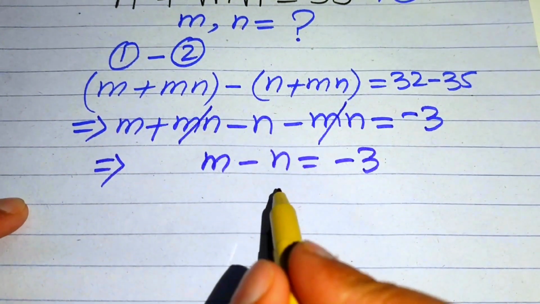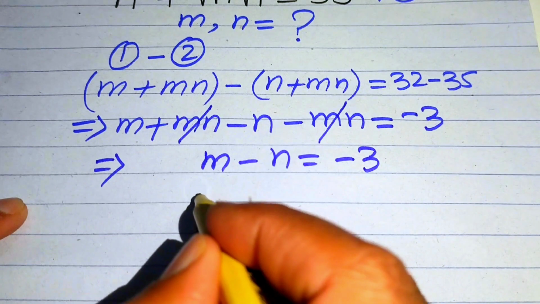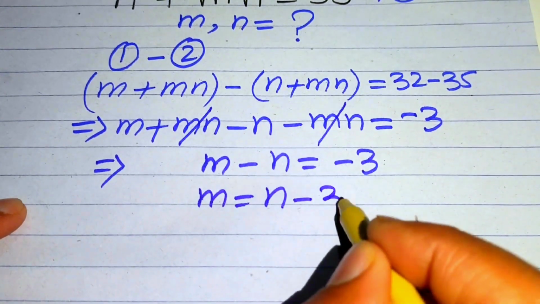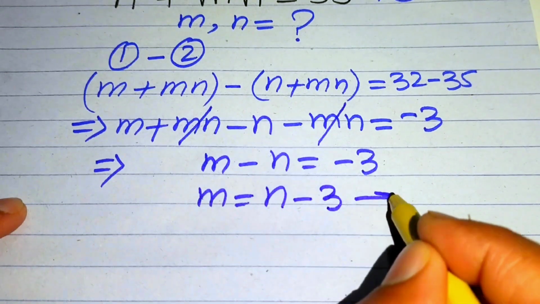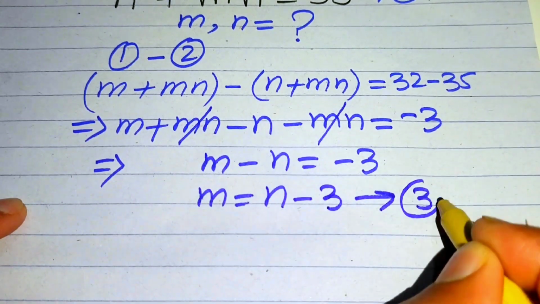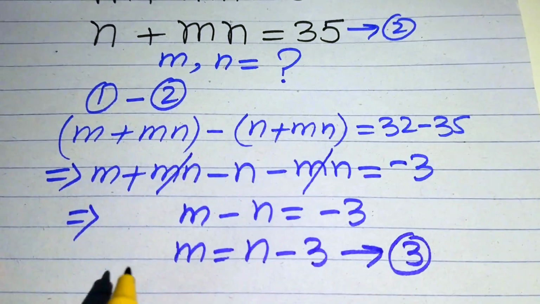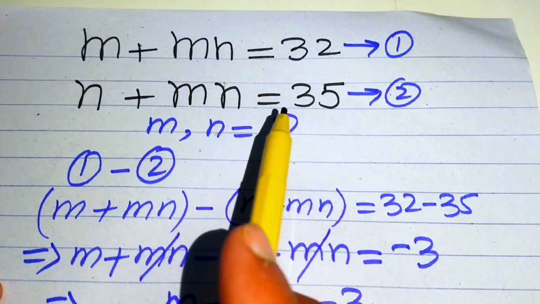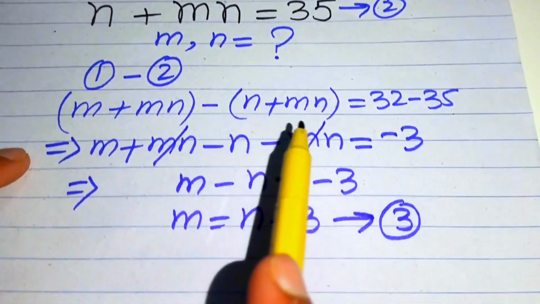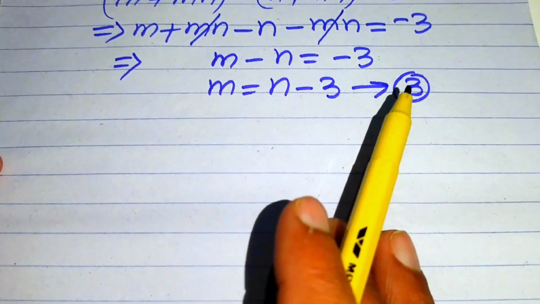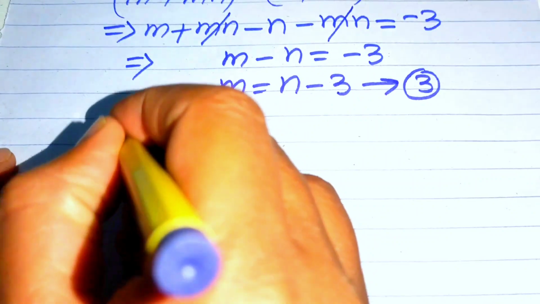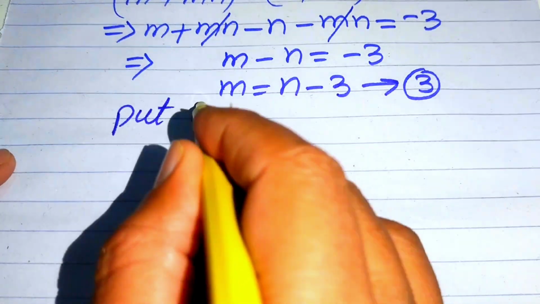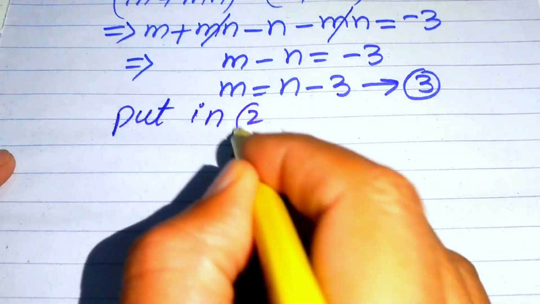In the next step we move this minus n to the right hand side and we get m equals n minus 3, and we call this equation number 3. Now we substitute the value of m in equation number 1 or equation number 2. So we just put the value of m in equation number 2.